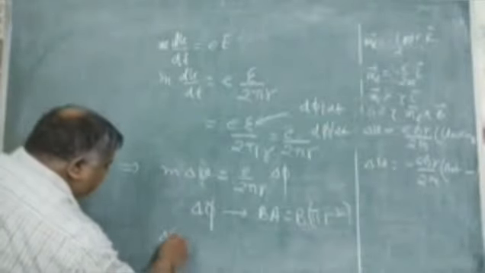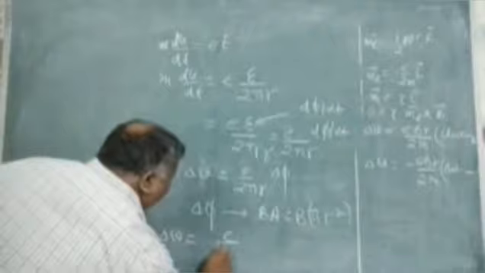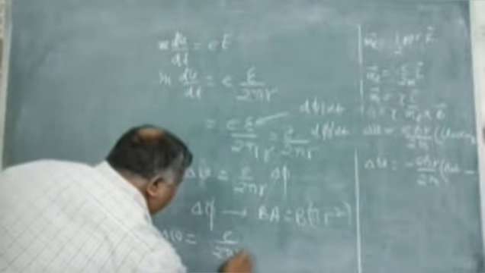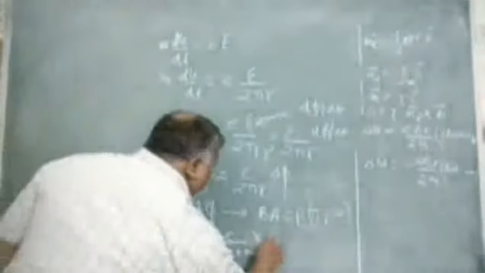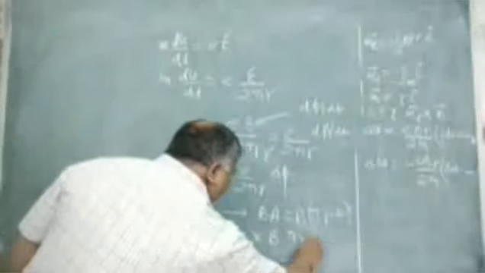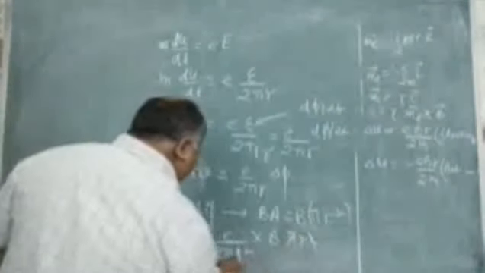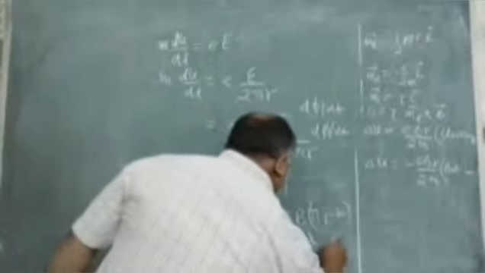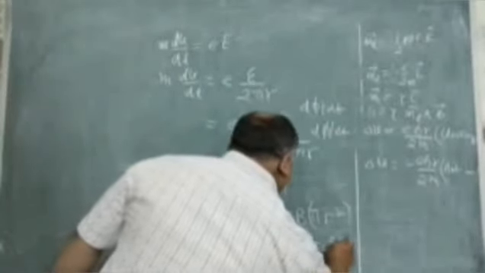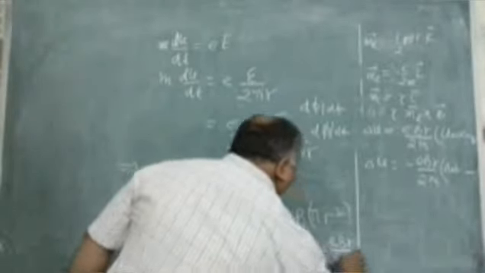So change in velocity is e over 2 pi r m into B pi r square, which is e B r over 2m, which is same.